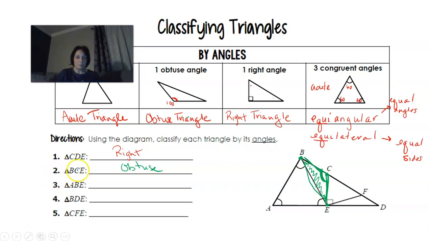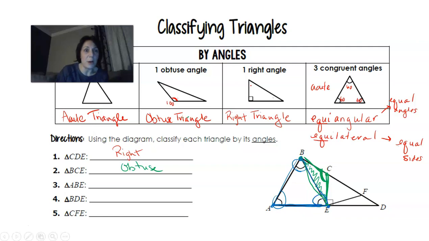Okay. So, A, B, E. Let's connect our dots here. There's one side, there's another side, and there's another side. So look at this triangle. It's got these little marks in the angles.